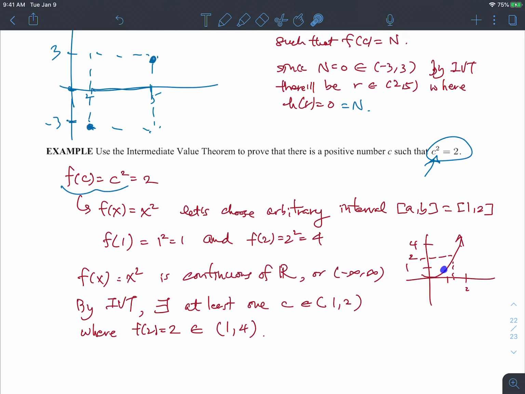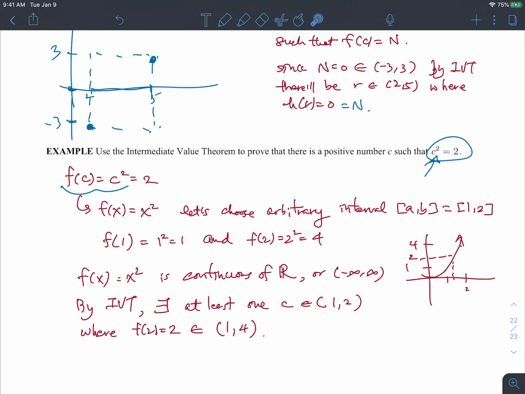So from here to here, because I chose it so that there is a positive value c such that that must be true. So you just have to choose an interval that actually has the answer, right? I chose 1 and 2 because I know that the square root of 2 is between 1 and 2.